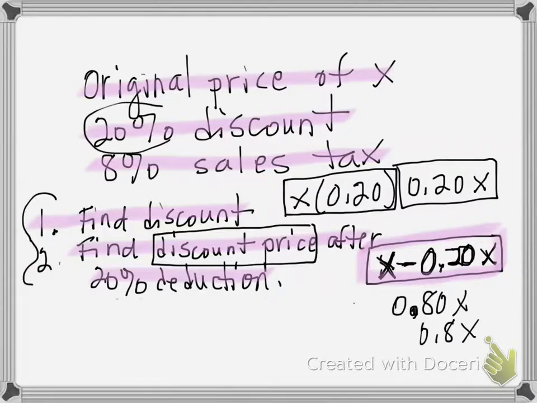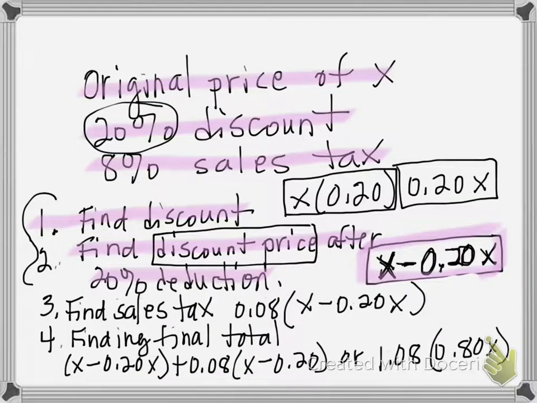You know you have a 20% discount, so you know you're only going to be paying 80% of that price. You could just skip right to the 0.8x or 0.80x. But for the sake of going step by step, we'll continue on this path.